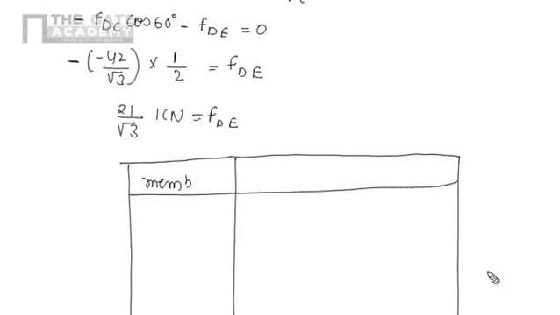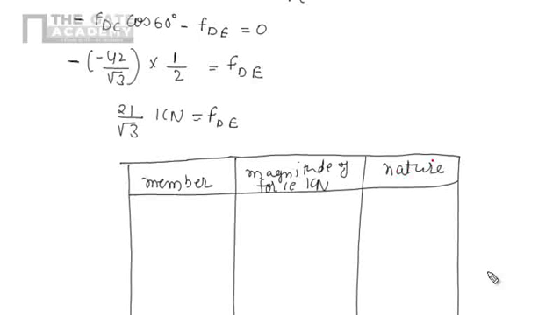Here we are mentioning certain things: this is the member, this is the magnitude of force in kilonewton, and this one is the nature. Nature means tensile or compressive. So first take AB. Here for AB, the sign is coming negative, but the magnitude is 38 by root 3, and the sign is coming negative.